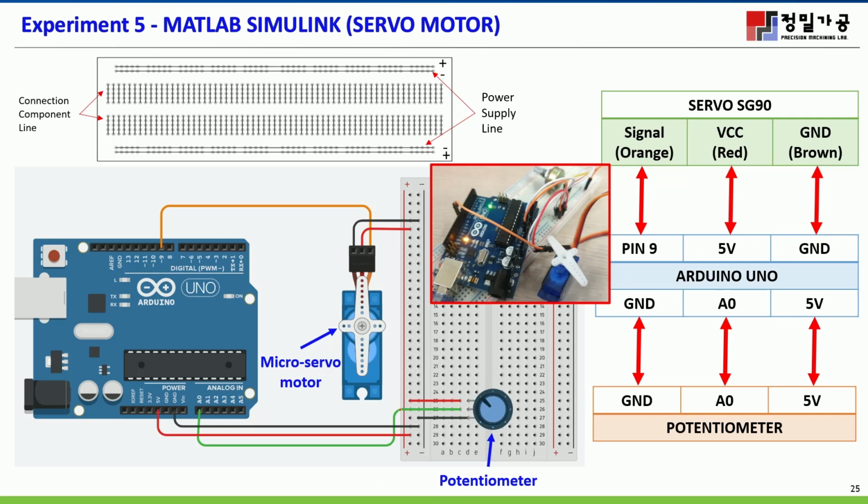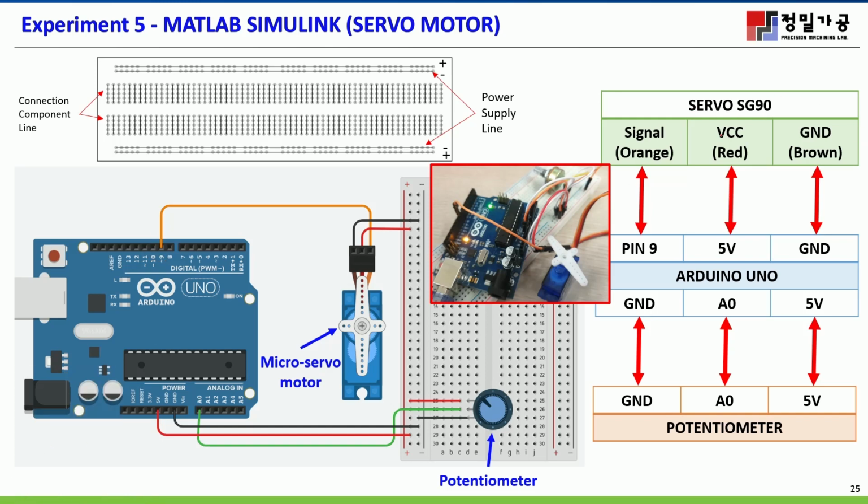Potentiometer is analog 0, and of course you need the 5 volts for potentiometer and also ground in here. And for pulse width modulation for the servo motor, you connect to servo pin 9. Okay, is it clear?